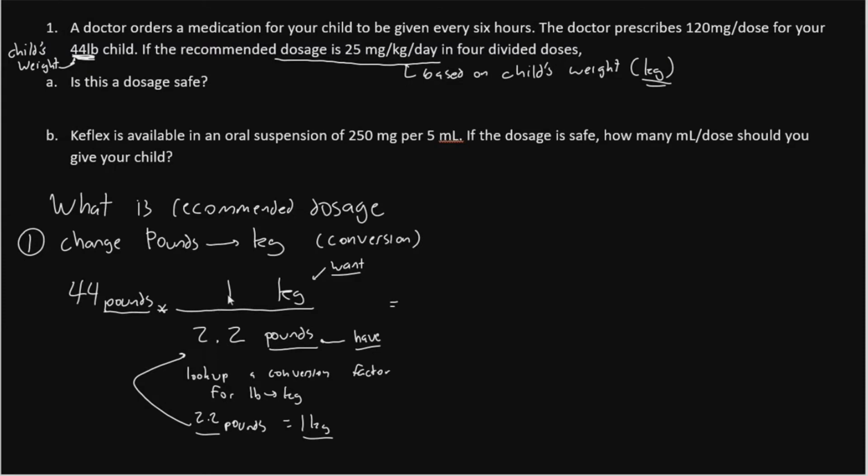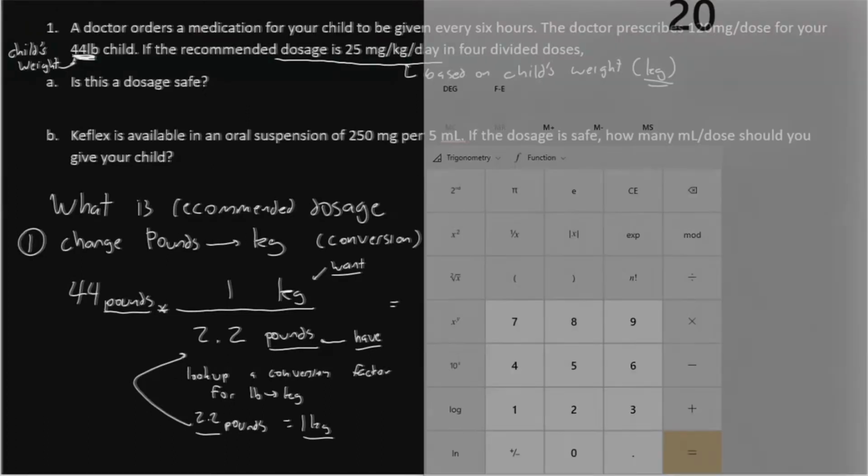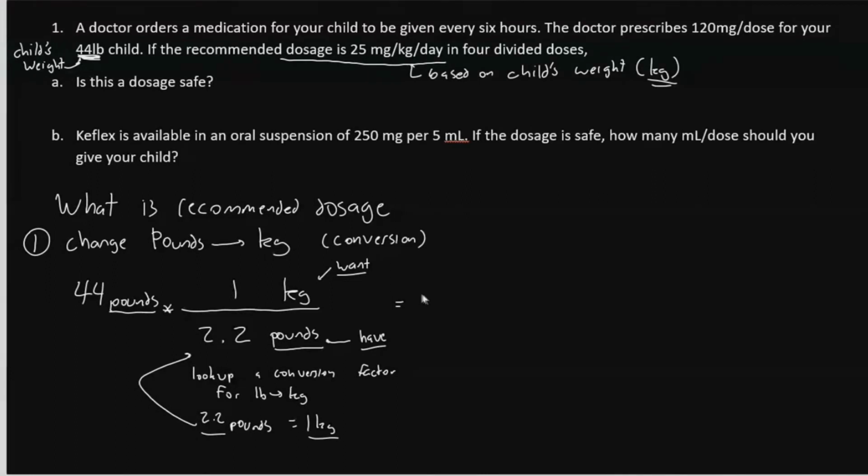If you had placed the 2.2 in the top position, you would have done the wrong operation. So in the calculator, we say 44 multiply 1 divide 2.2, and we get 20. So we will say our child weighs 20 kilograms.